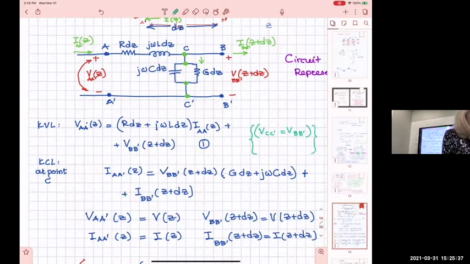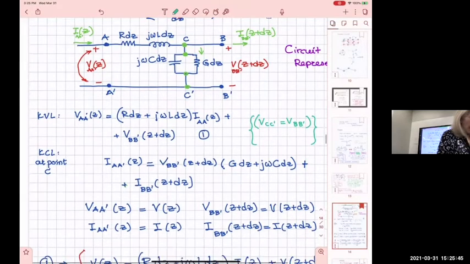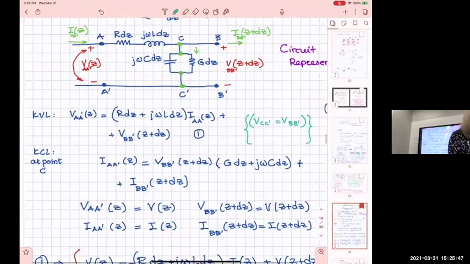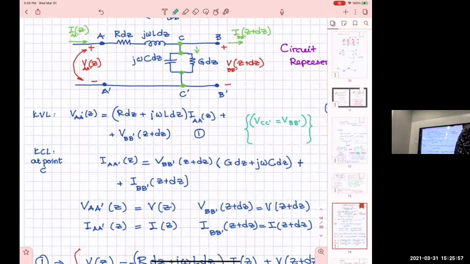Now we go and apply KCL, Kirchhoff's current law, at point C. And what do we have there? The current I_AA prime of z flows toward the node, and out of the node flow two currents, one going down and the other going like that, all right? In fact, let me take that closer to the node, like here.